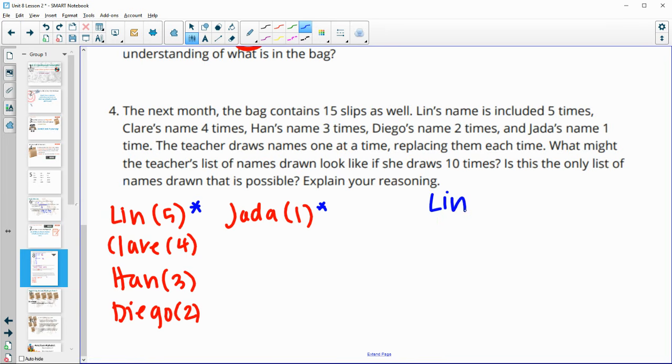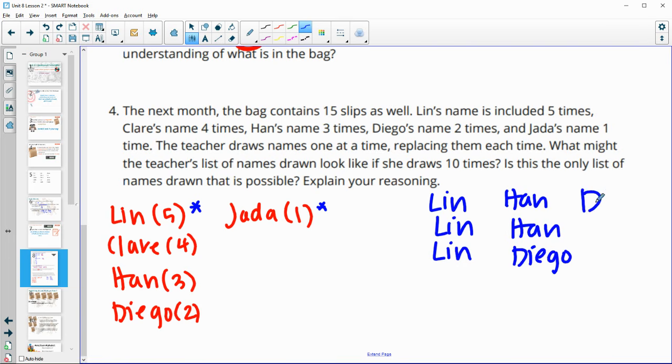So maybe you said Lynn was going to be chosen 3 times, Han chosen twice, Diego once, or maybe Diego's getting chosen twice, Jada again. So what's that? 3, 6, 7, 8, and we needed 2 more. Claire. Maybe Claire was in there twice. Okay, so that's one possibility. Definitely not the only one.